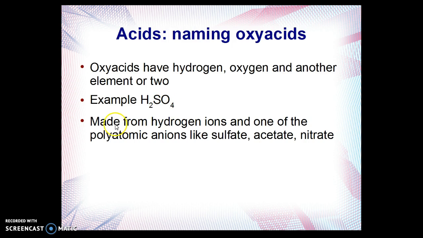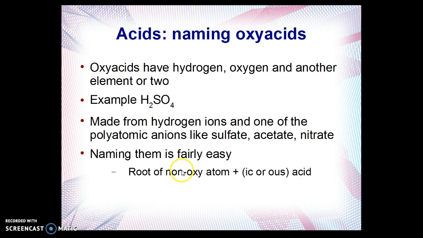So an oxyacid is going to be made from hydrogen ions and one of the polyatomic anions: sulfate, acetate, nitrate, nitrite, phosphate, and so forth. Naming them is actually pretty easy. We give you the root of the non-oxy atom plus either ic or us, and then say acid.